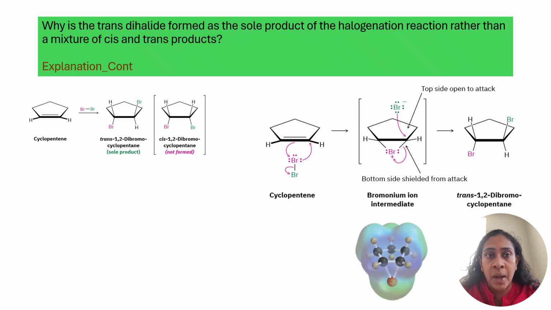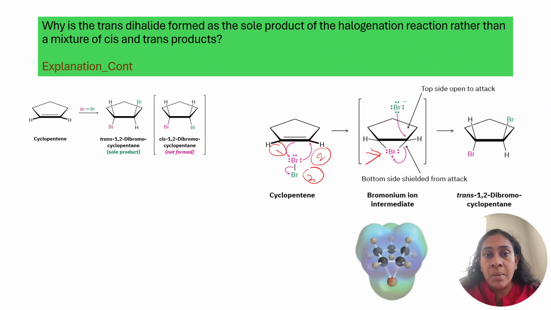First, the alkene pi bond reacts with bromine, creating a bridged bromonium ion. Notice that the bridging bromine occupies one face of the former double bond and shields that side from attack.